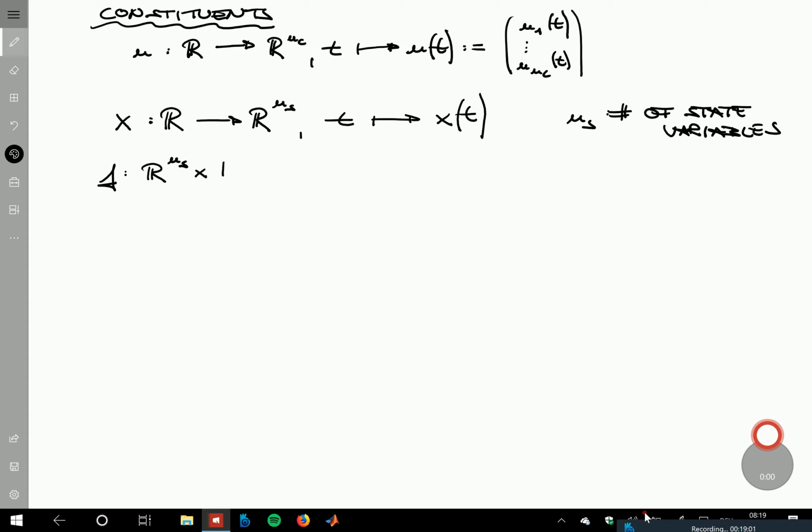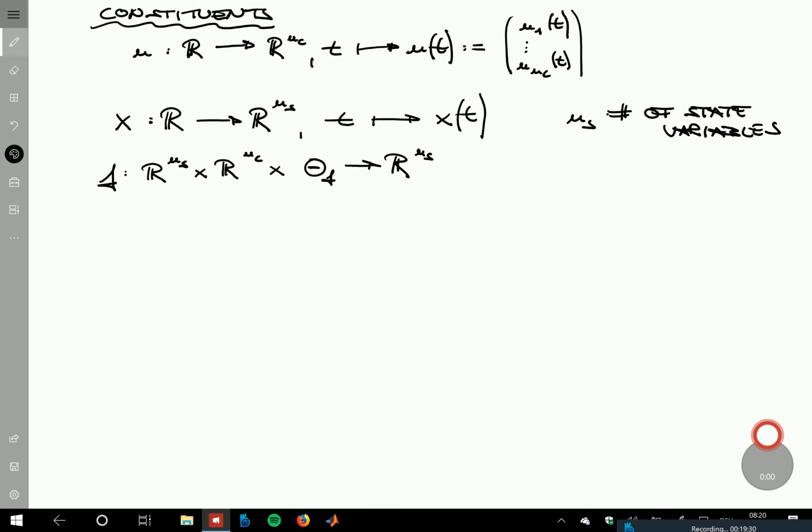It takes an nc, so number of conditions, dimensional vector at time t. So that's the input functions, which also vary over time, and it takes an element of this parameter space, and what it returns is an ns dimensional vector.